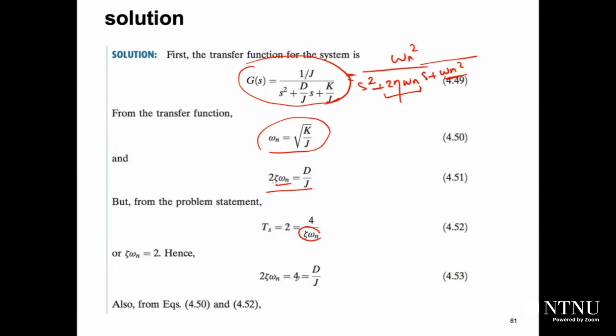So D divided by J equals 4, right? Now we have two equations. I can square this one, in fact, so K divided by J equals omega n squared. And here I have D divided by J equal to 4, correct? We can solve these for D and J, right?